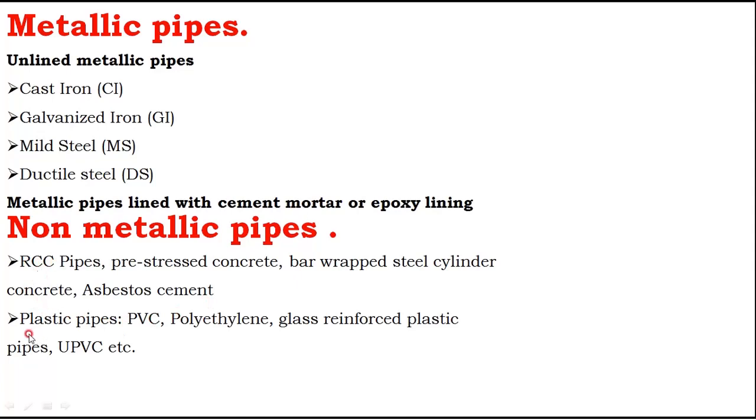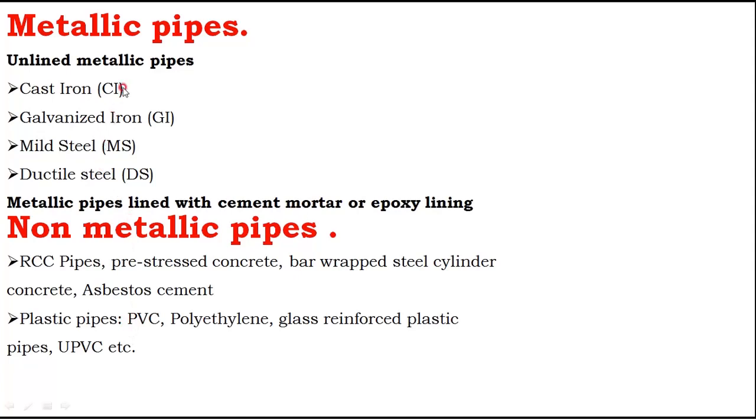And some other types like plastic pipes, PVC is there. Polyethylene pipes are there. Glass reinforced plastics are there, and UPVC pipes are there. Nowadays in modern technology, we have many types of pipes.